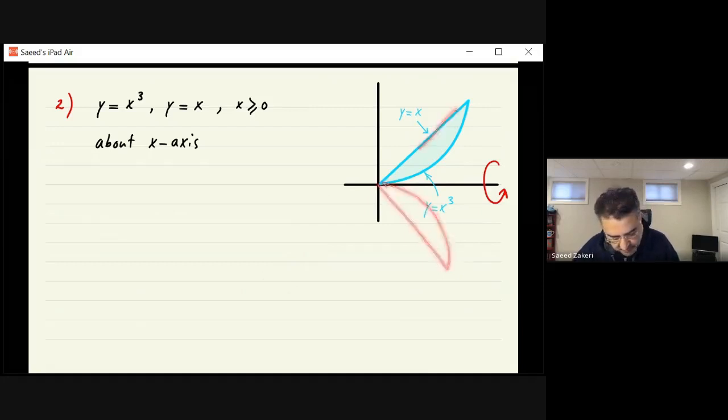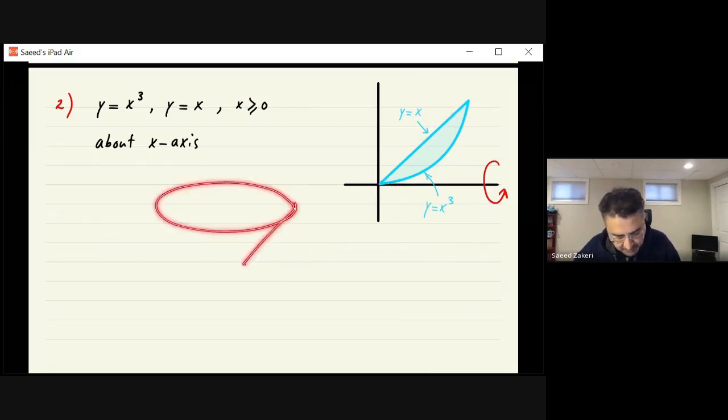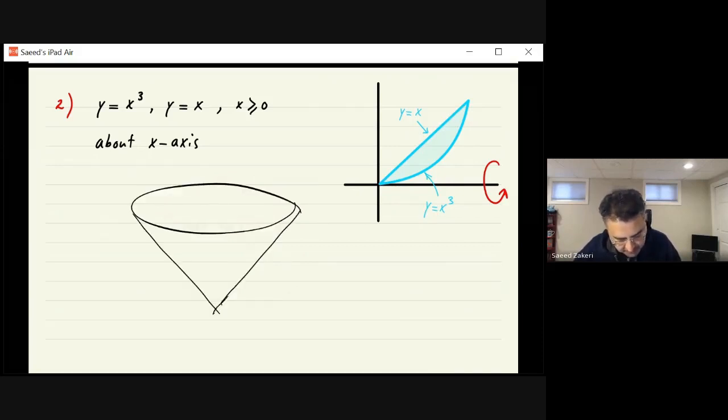If I hold it in my hand, from outside, it looks straight, like a cone, like a martini glass, but the inside is curved. So that's the shape of the solid that you get.